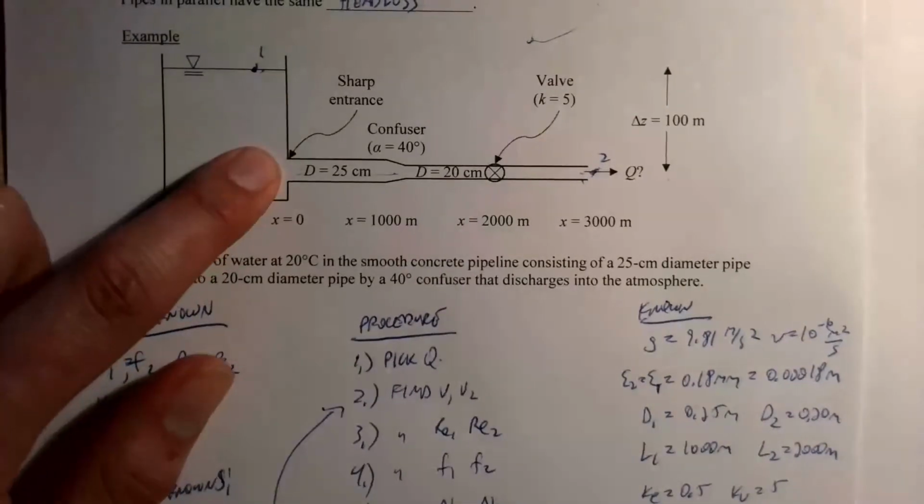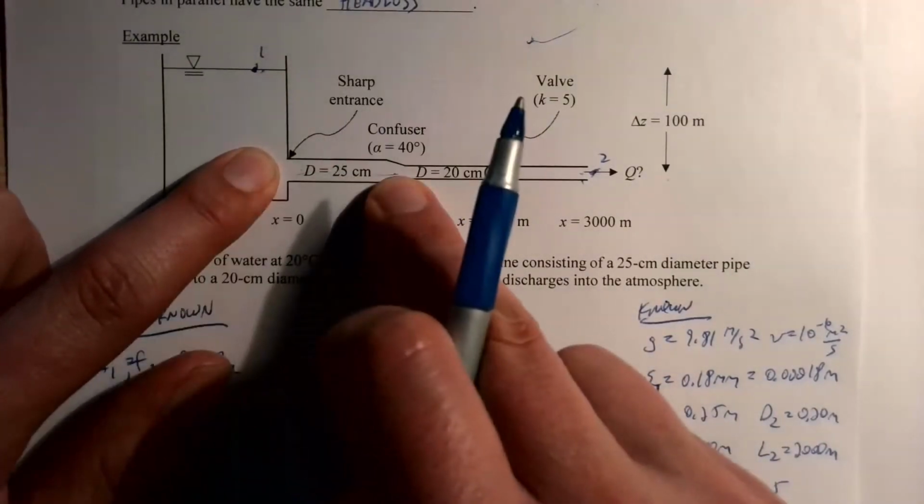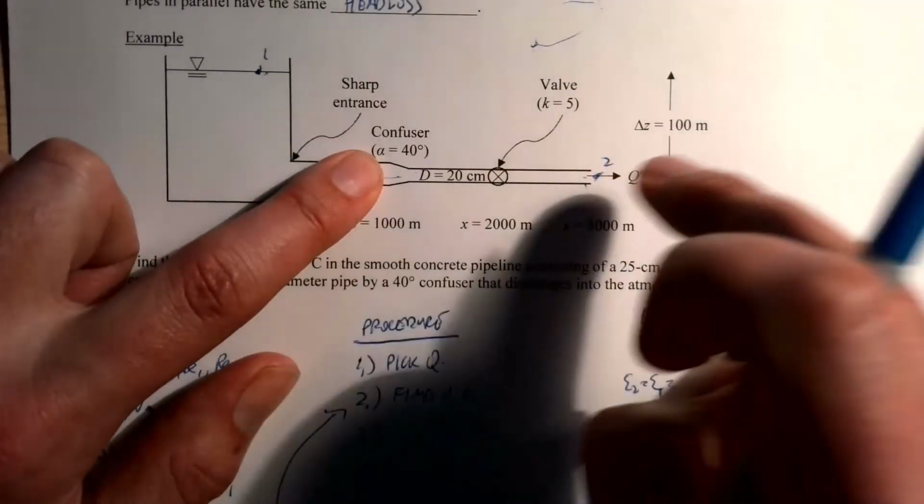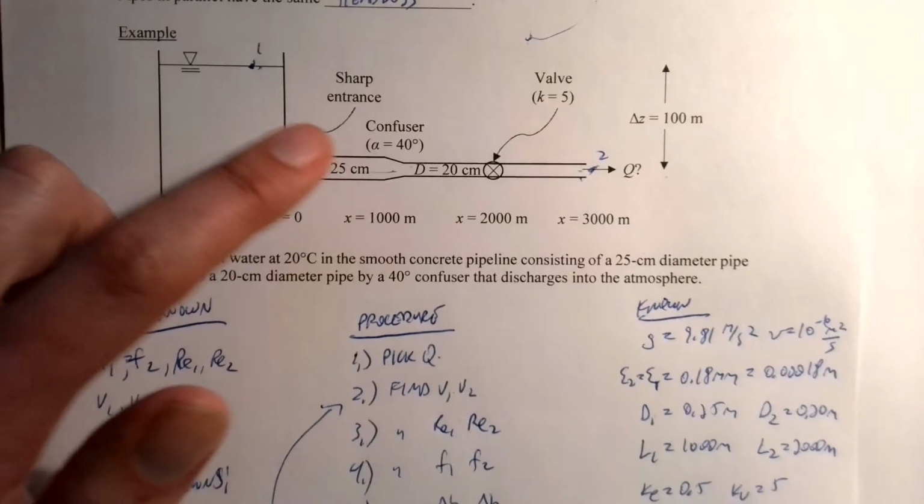So here we've got our entrance loss, we've got our friction losses in the first one, and then for the second pipe we've got our confuser, friction losses, valve loss, and then we've still got this energy head there at the end that we have to consider.